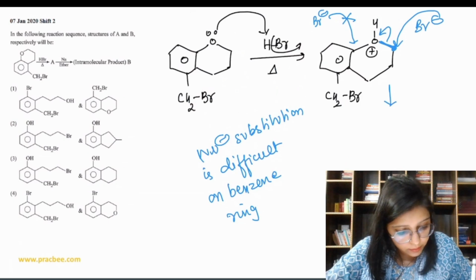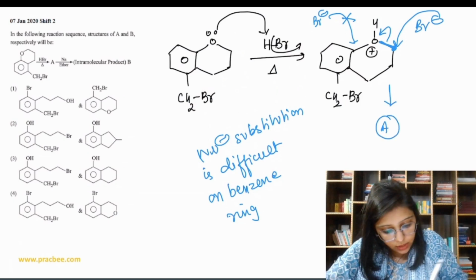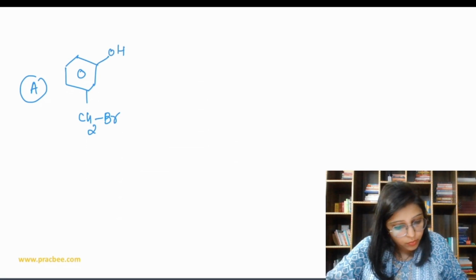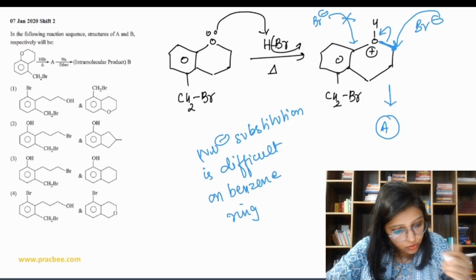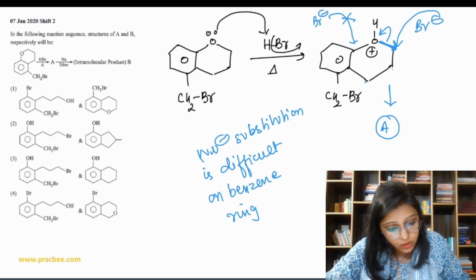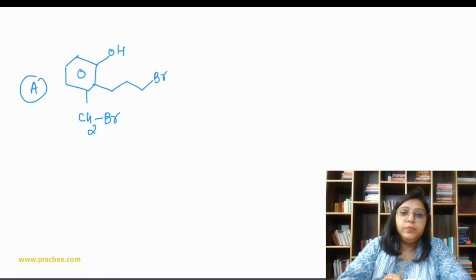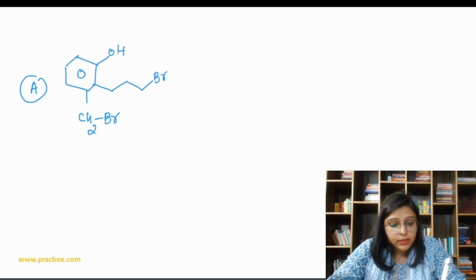This is basically A. So A is CH2Br. Here we write OH. This is OH at the ortho position, right? OH at ortho, okay. At meta, CH2, CH2, CH2Br. So here we write CH2, CH2, CH2Br. Clear?